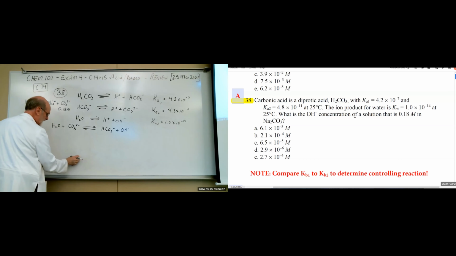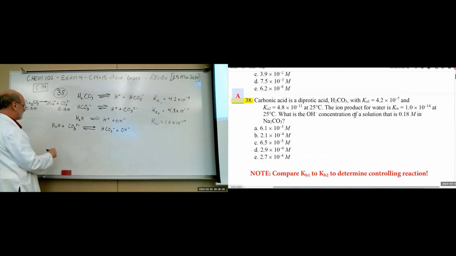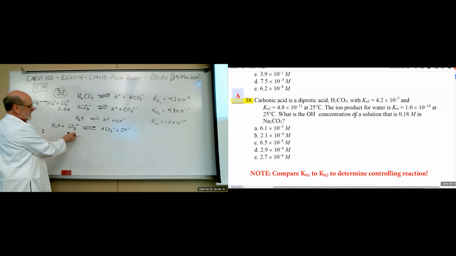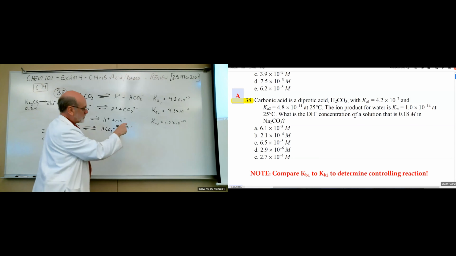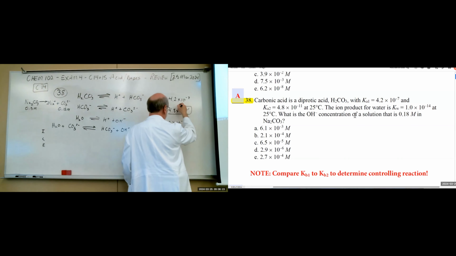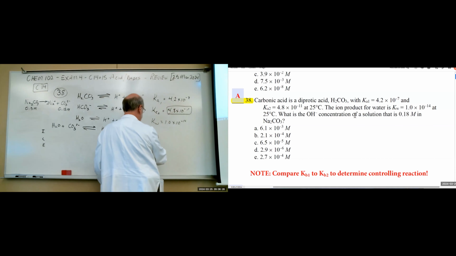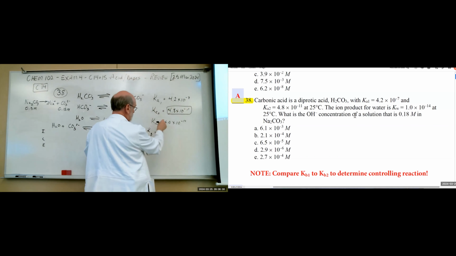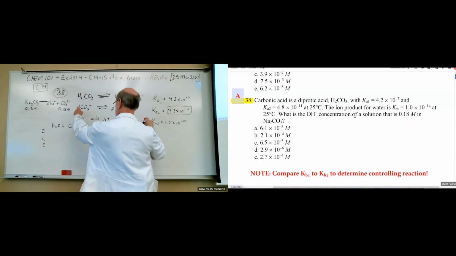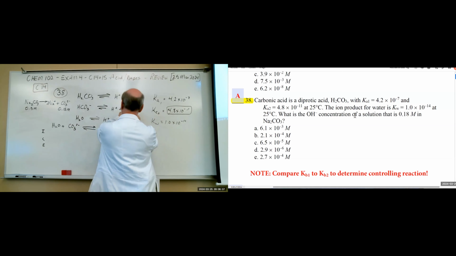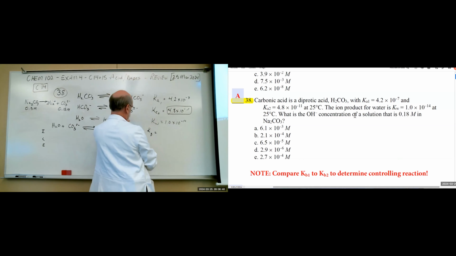All right, so we can set up an ice table with that one. Well, actually, what we're going to need is a KB for this reaction. Right? So we're looking at this one right here. So what's the KB for this reaction? It's based upon this conjugate base.